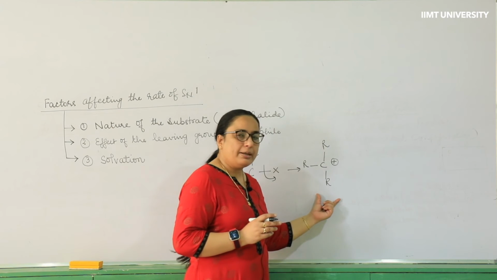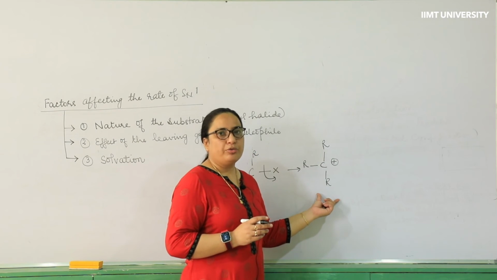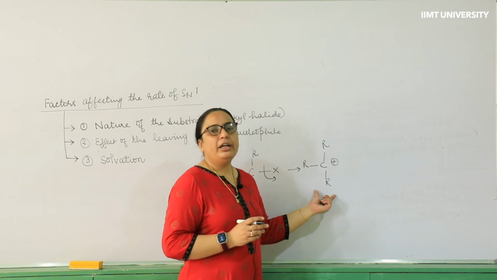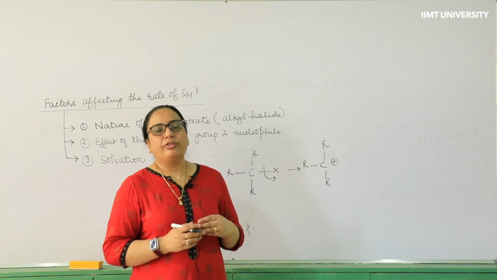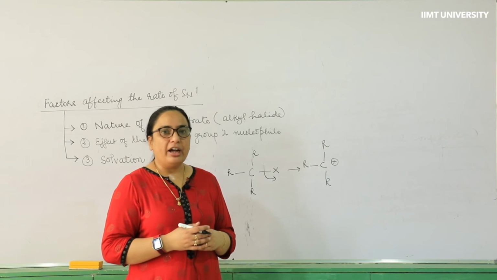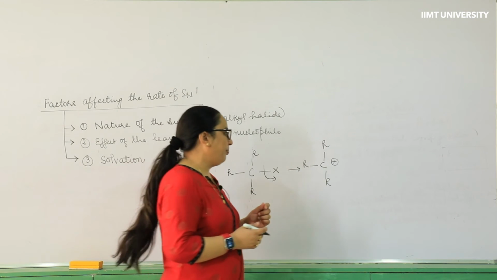But if it is unstable, then before the approach of the nucleophile, it tends to get decomposed. So here, the stability of the carbonium ion affects the rate of further reaction.